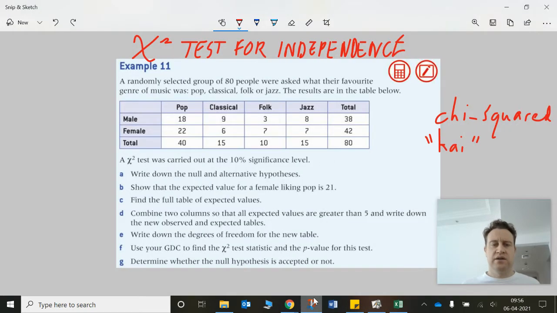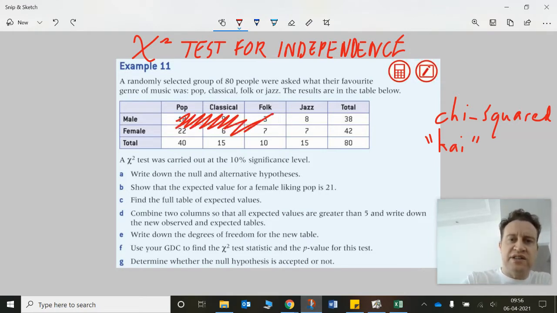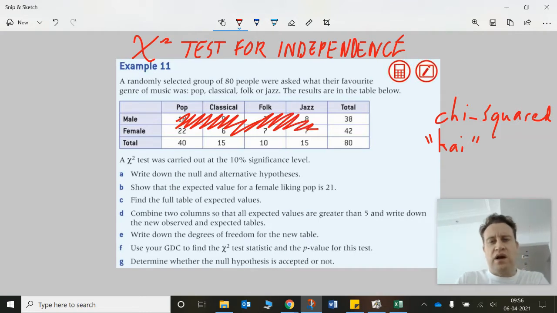Basically, imagine that you didn't have any of the information in the center here, and you're having to make an estimate for the numbers which go inside, depending on the values on the outside, and of course the totals as well. So for example, half of all people prefer pop music. 40 out of 80 people in this survey preferred pop music.